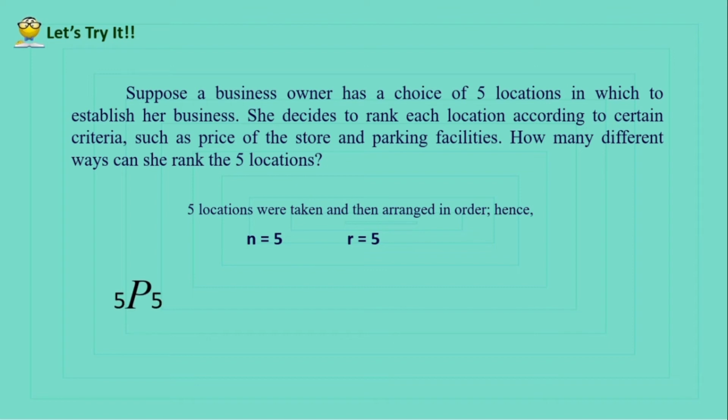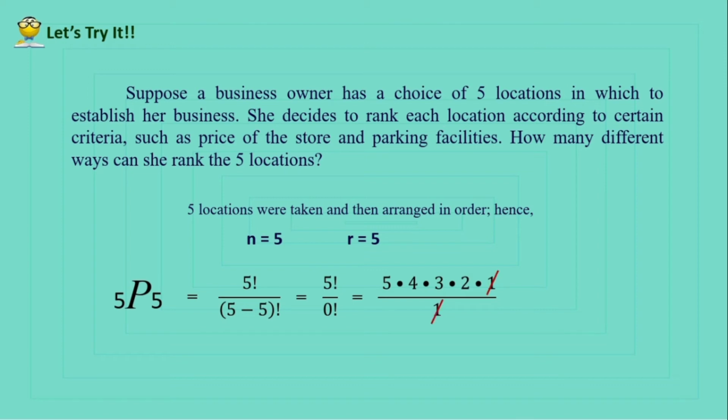5 permute 5 is equal to 5 factorial all over 5 minus 5 factorial, which is equal to 5 factorial over 0 factorial, which is equal to 5 times 4 times 3 times 2 times 1 all over 1, because 0 factorial is equal to 1.